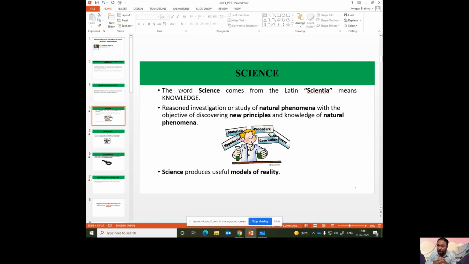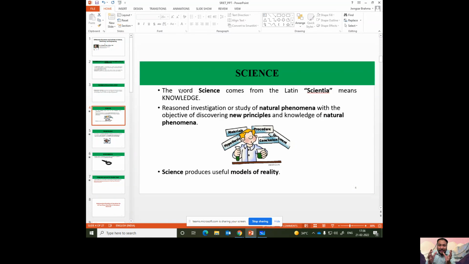I should observe what the parameters are and what the roles of those parameters are that control the system of the petroleum reservoir. If I understand and observe that system, this is called science. Science is the observation of natural phenomena, and after observing, we need to discover some new principle.